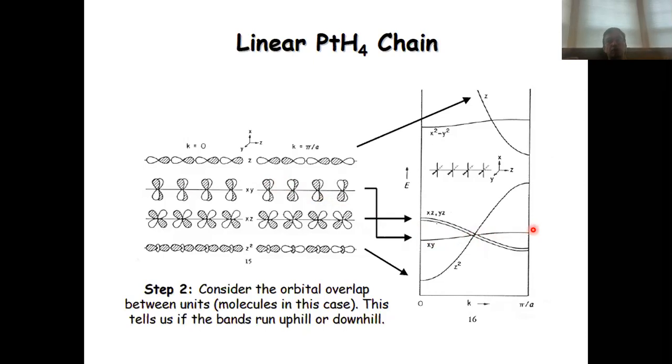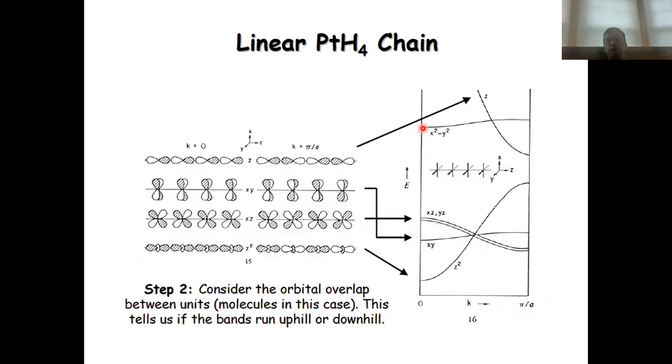So now what about the dx square minus y square? So now the dx square minus y square is rotated by 45 degrees relative to the dxy, but the dx square minus y square orbitals overlap also in delta fashion. Okay? Therefore, like for the dxy, we will expect a band running uphill, but being very narrow.